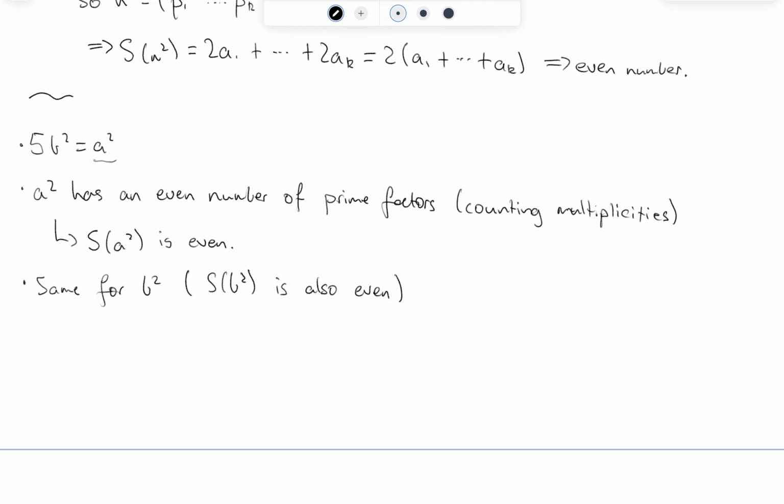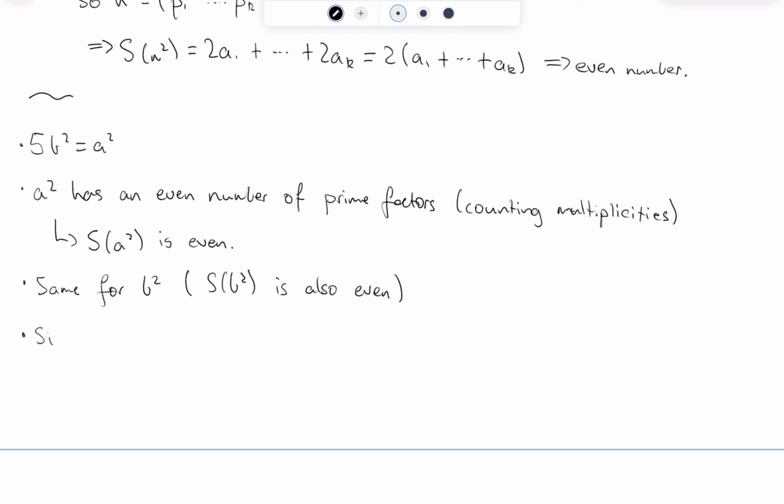Now, this thing here, when factored out, has an even number of prime factors. Because a squared equals 5b squared, we should assume that 5b squared must have an even number of prime factors, right? Well, if we look at b squared, we showed that it has an even number of prime factors, but what we're doing on the left-hand side is multiplying that b squared value by a prime number, by 5. So what does that do?